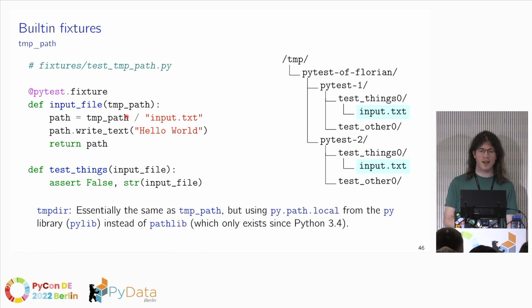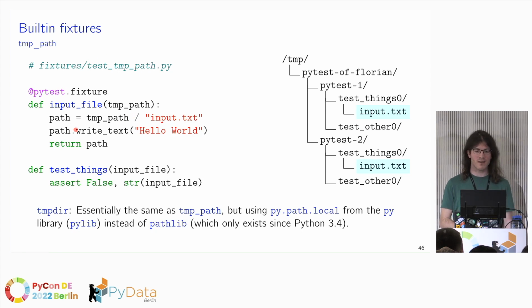And one thing, a little bit strange, but you can get used to it, is that it uses the division operator, or a slash, to concatenate parts of a path, because that would use slashes on most operating systems and backslashes on Windows. And this slash operator takes care of always using the right thing.